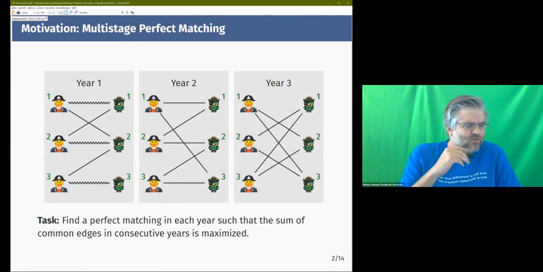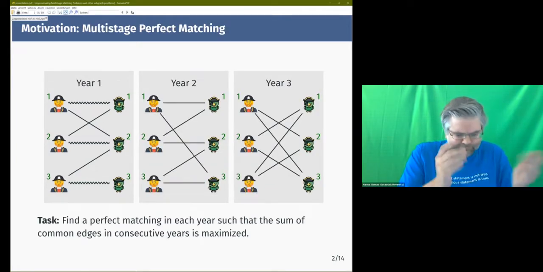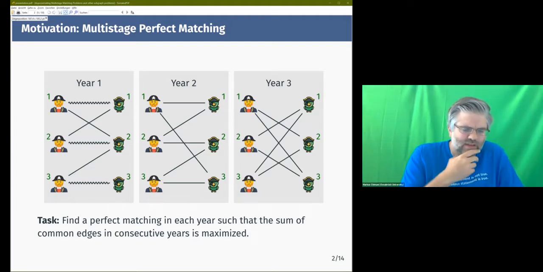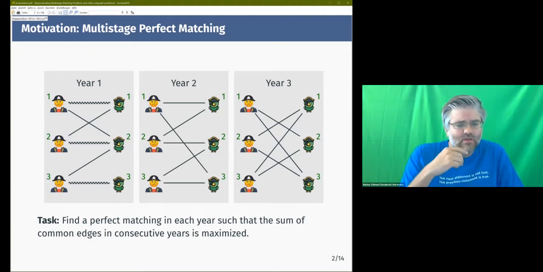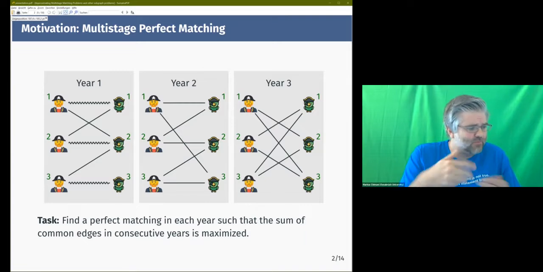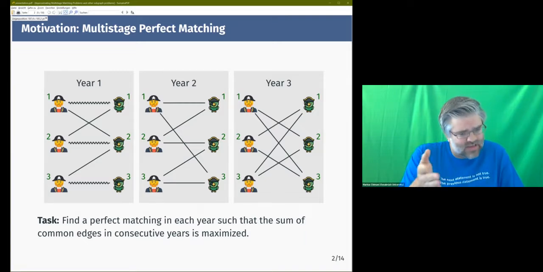Now let's consider the multi-stage variant of it, which is very related to the temporal graphs we've just seen. You have different time slices, we'll call them years, and after each year the preferences between parrots and pirates may change, and in the beginning of each year, you can reassign the parrots to the pirates.